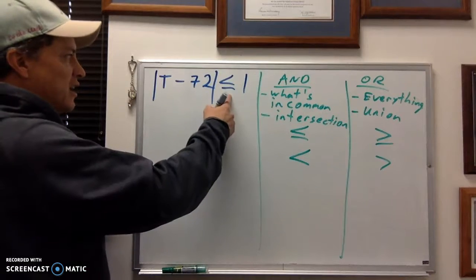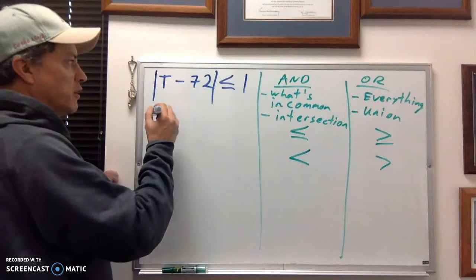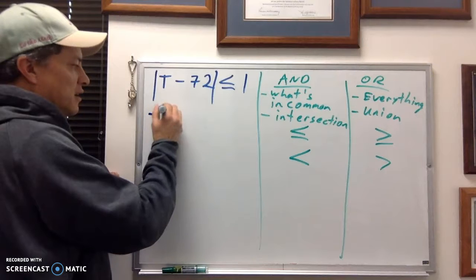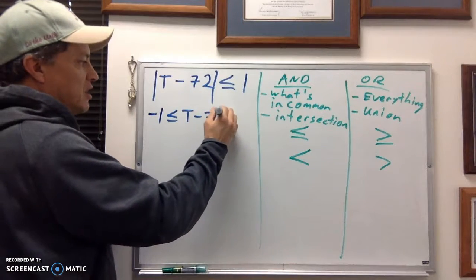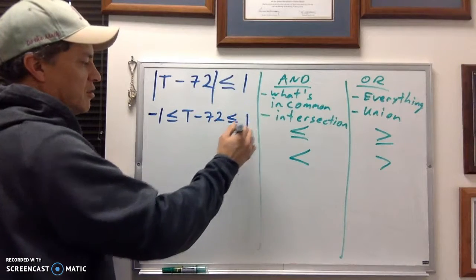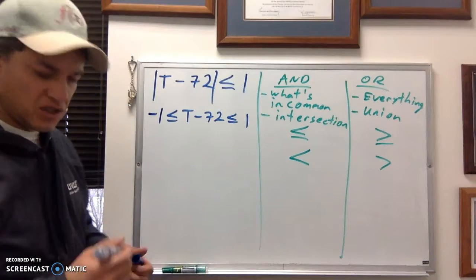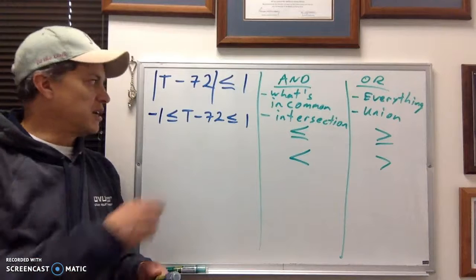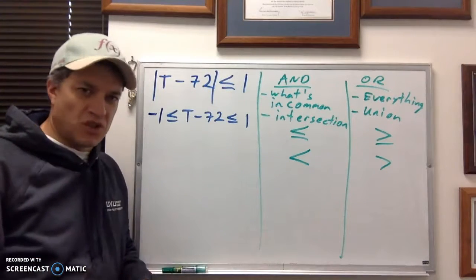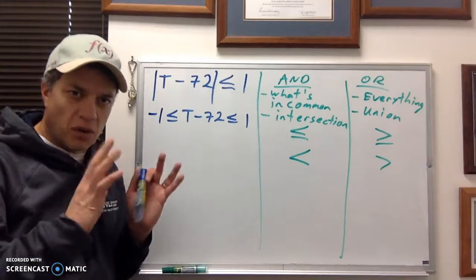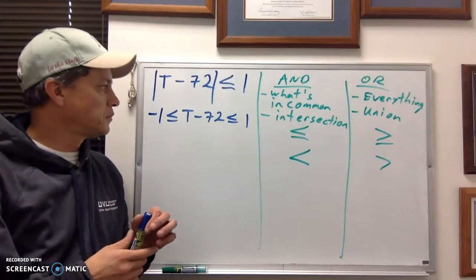So if it's an and, we can actually do this little maneuver. We could say -1 is less than or equal to t minus 72, which is less than or equal to 1. You can do that with an and situation. I've seen people try to sandwich what's in the absolute value inequality with an or. It doesn't work so well. So hold that with the ands only.